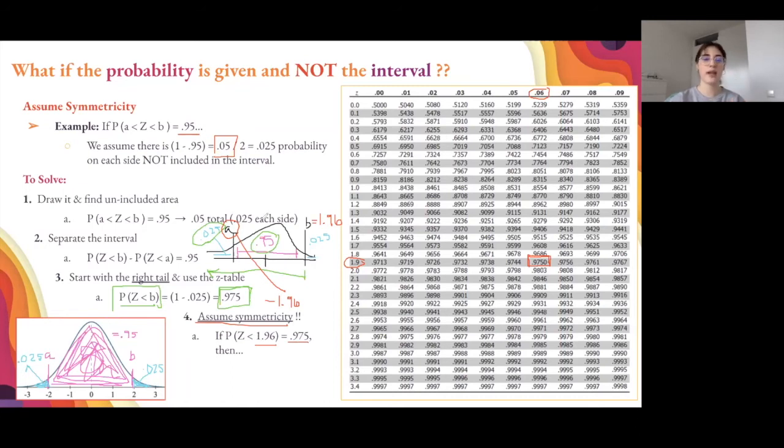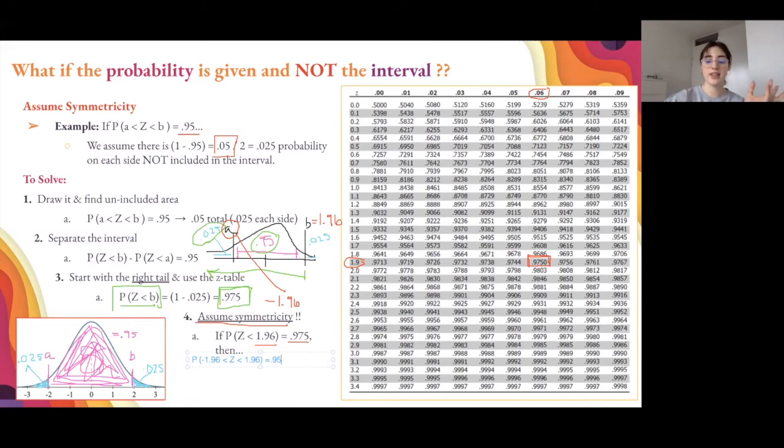So all we have to write here is that the probability that z is in between negative 1.96 and 1.96, that probability is equal to 0.95.